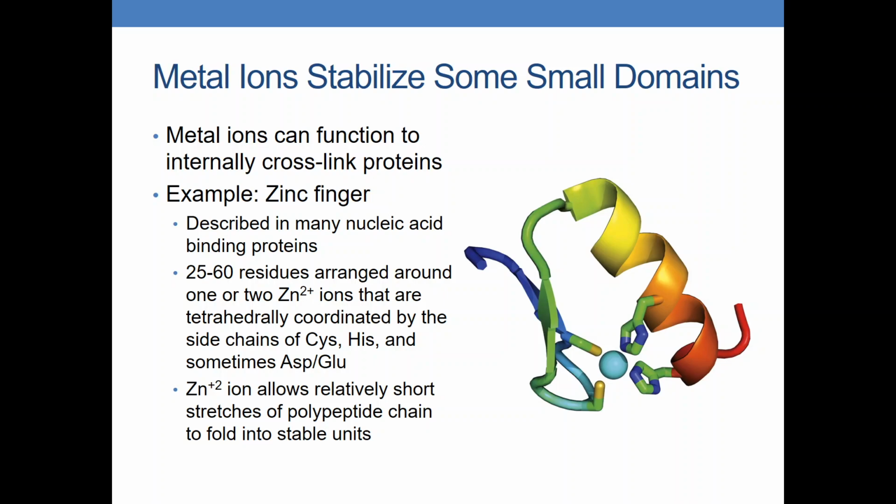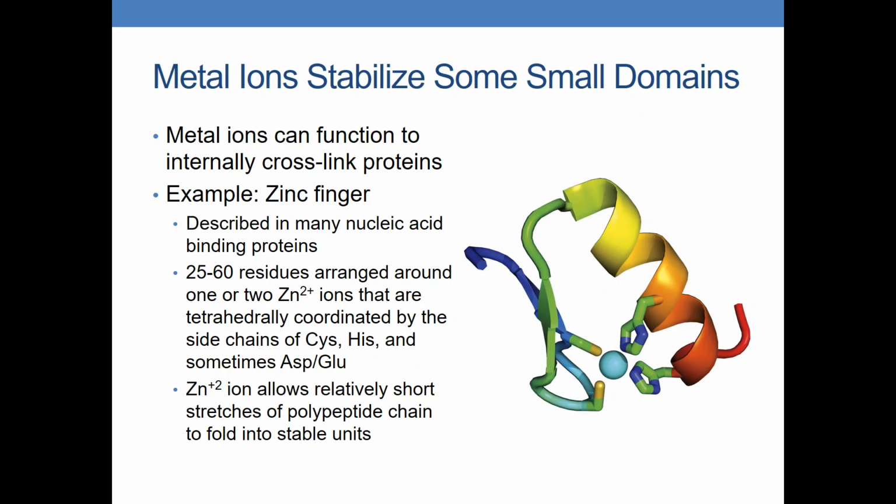An additional scenario that we need to talk about is that of metal ion stabilization of protein structure. It is not uncommon to find that metal ions will stabilize protein structure as well. There are, in fact, certain motifs or structural arrangements that position amino acid side chains, particularly cysteines and histidines, to be arranged in such a way that you can coordinate a metal.